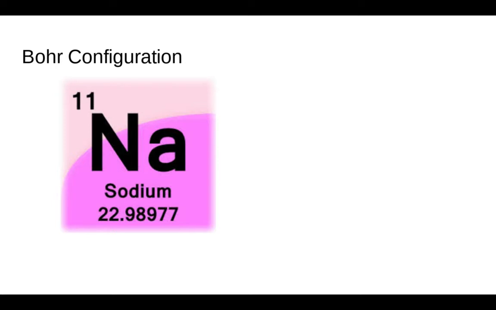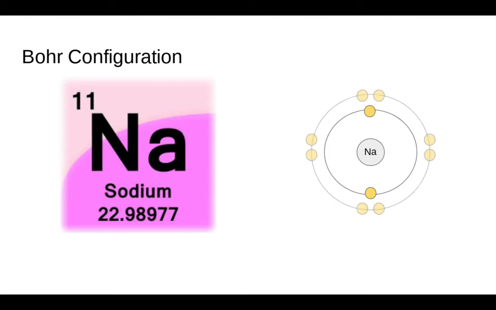So the Bohr configuration, you should be well prepared now. First you draw your nucleus, and then we have 2 electrons in the first shell, and then we have 8 electrons in the second shell, and then we have 1 electron in the final shell. Okay, so that's your 11 electrons, and that's how they are arranged in Bohr configuration.